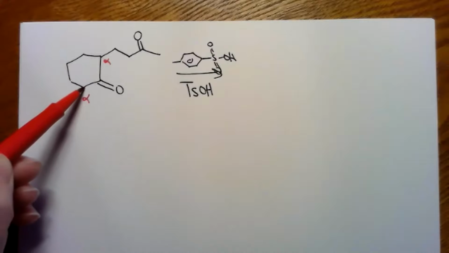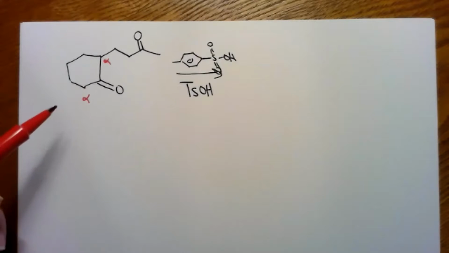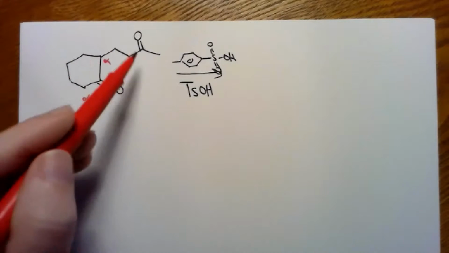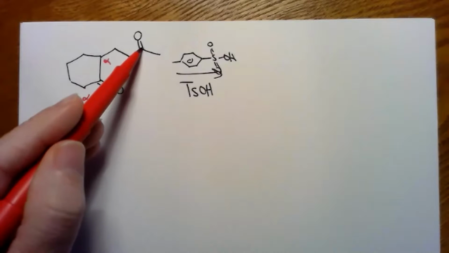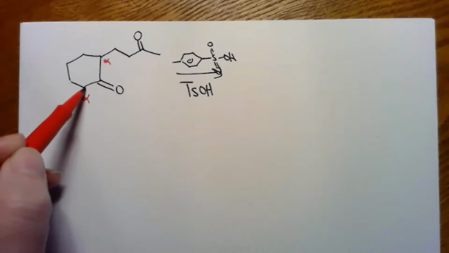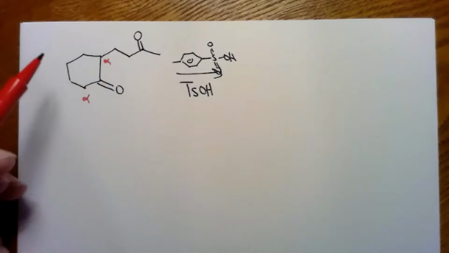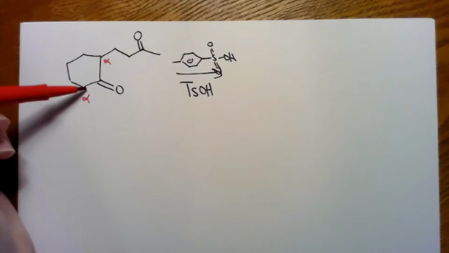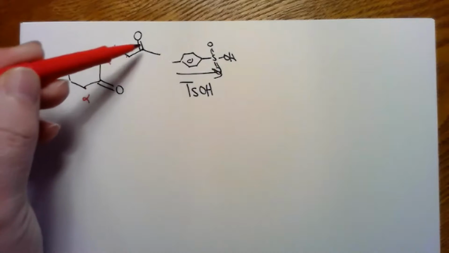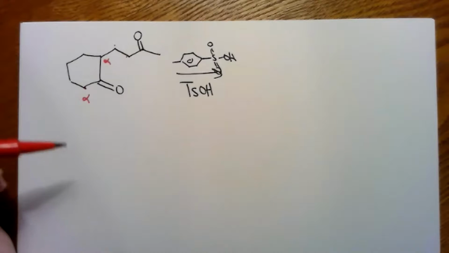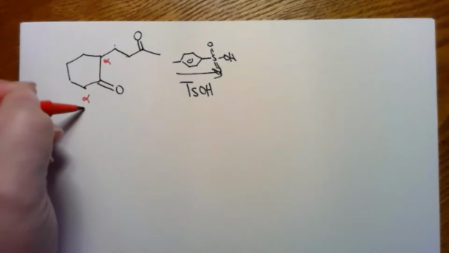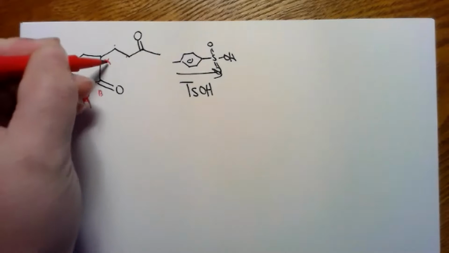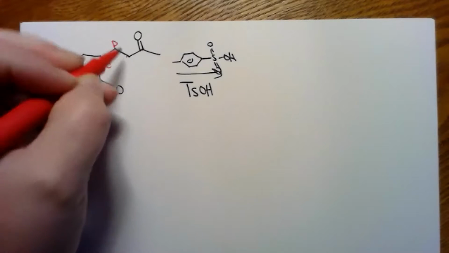So if this alpha carbon was your nucleophile, it could attack that carbonyl. If this alpha carbon were the nucleophile, it could attack that carbonyl, and it would close up and make a ring that's 1, 2, 3, 4, 5, 6 carbons big. Let me actually put letters on here so that I can refer to those a few times.